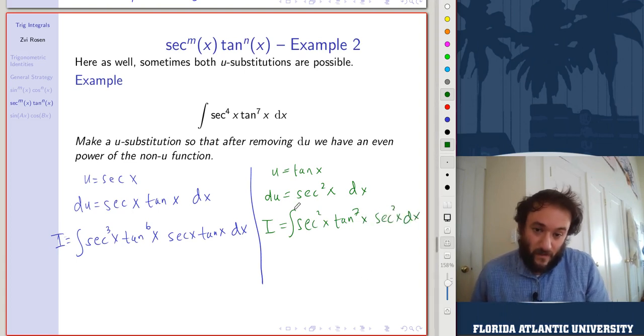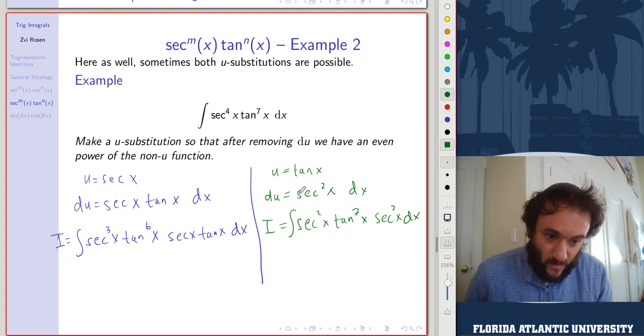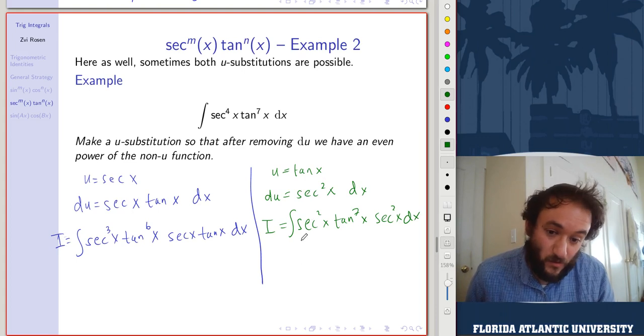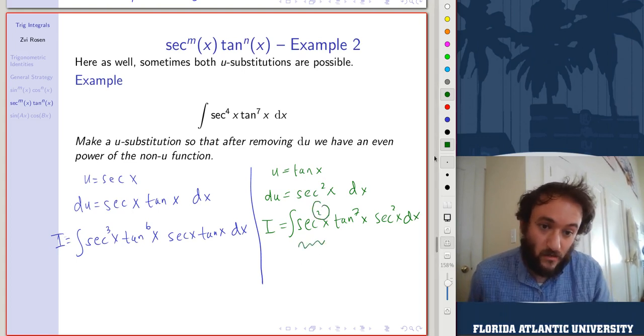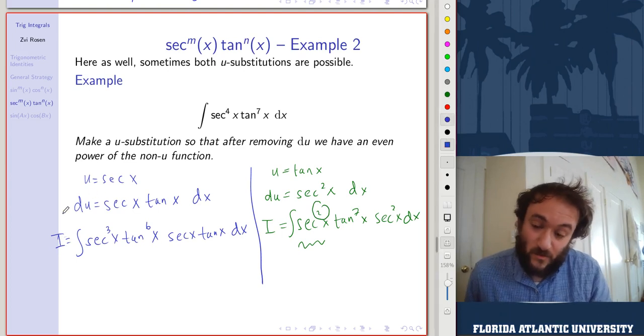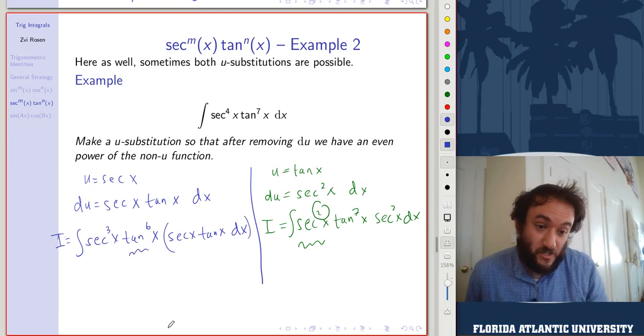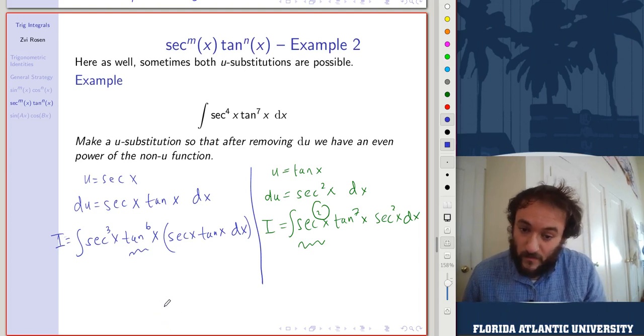Okay, so now in the integral from the u substitution u equals tan x, we want the non-u to appear to an even power. This is our non-u, and this is an even power, so we're good. Similarly, in the last u substitution, u equals secant x, we want the non-u to appear to an even power. Our non-u is tangent, so that also works.